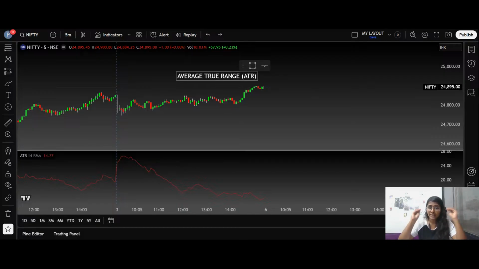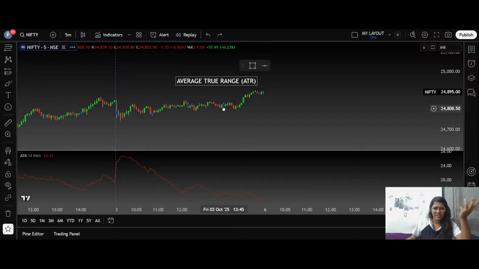Now, what this indicator indicates, you have to remember. Anytime you are going to use average true range, you have to remember one word: volatility. If you have seen average true range, remember that this is a volatility indicator, which is used in technical analysis to measure how much an asset, like a stock or indices, moves.